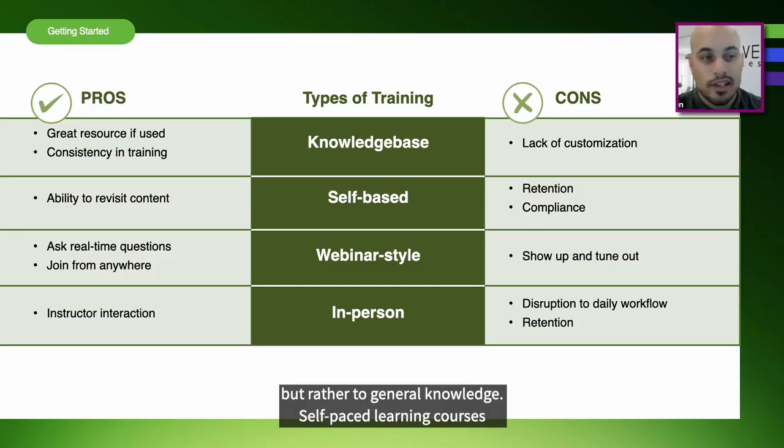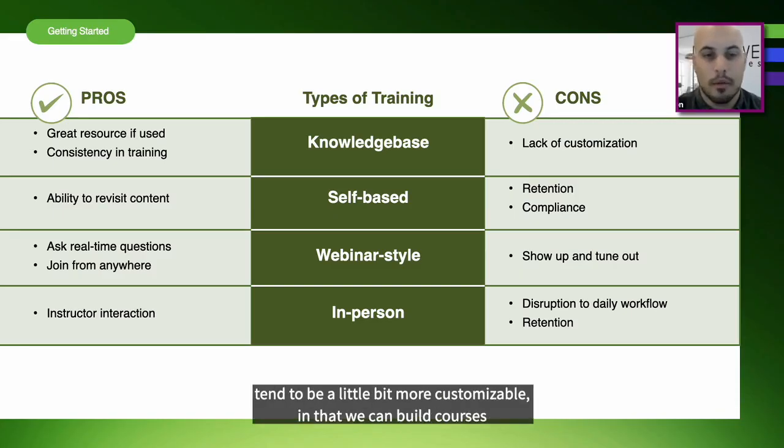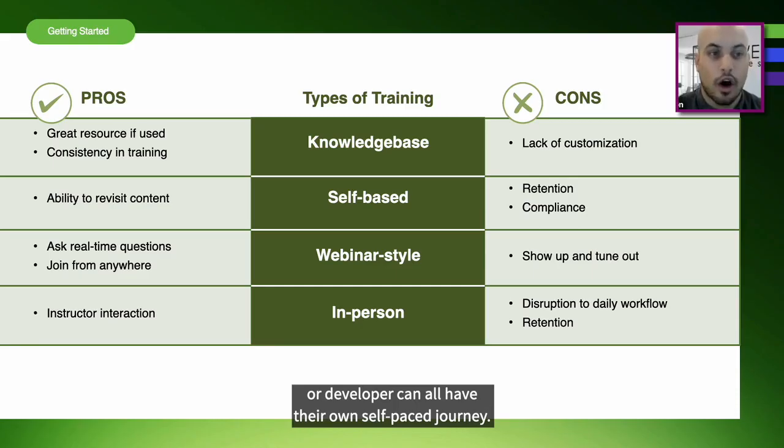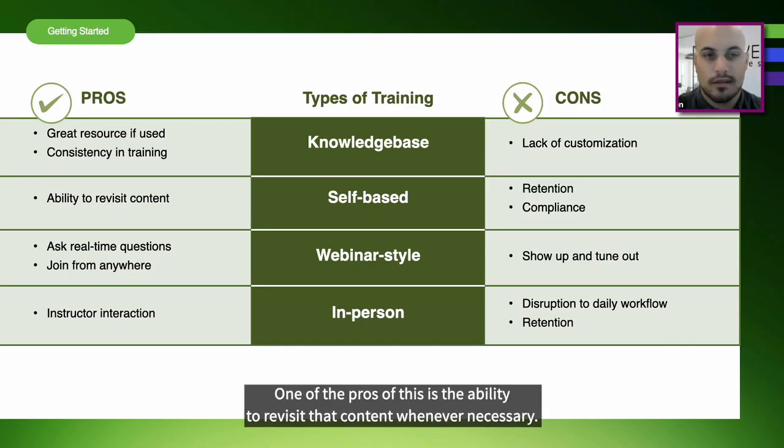Self-paced learning courses tend to be a little bit more customizable in that we can build courses for different paths, paths for different roles. So a content creator or a UX designer or a developer can all have their own self-paced journey. One of the pros of this is the ability to revisit that content whenever necessary.